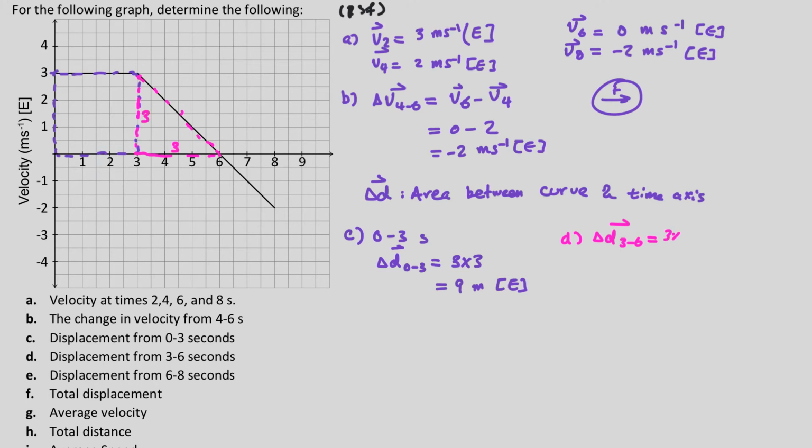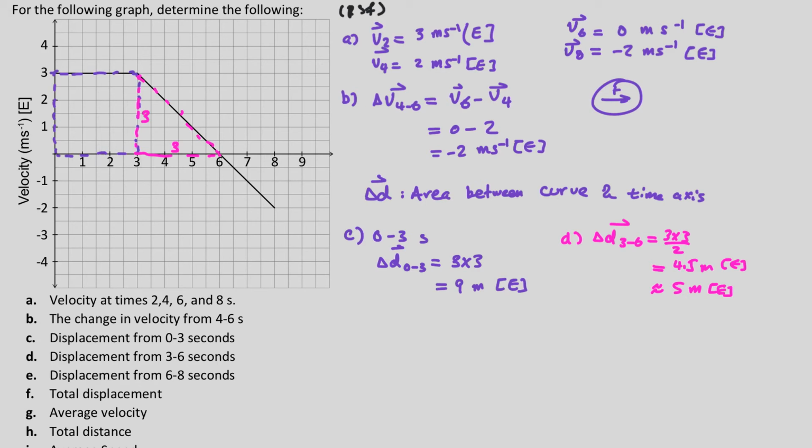So this is 3 times 3 divided by 2, and that's going to be 4.5, but I need it in two significant figures. So I'll write it as 4.5 meters east, and I will approximate it to 5 meters in the east direction.